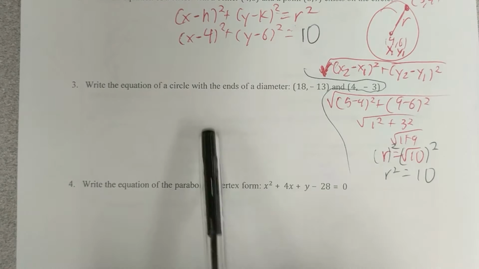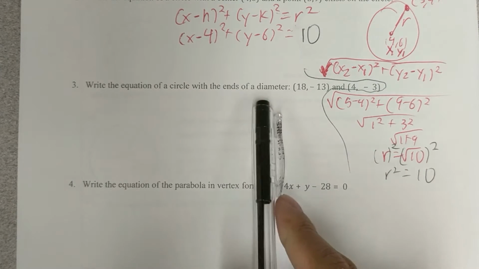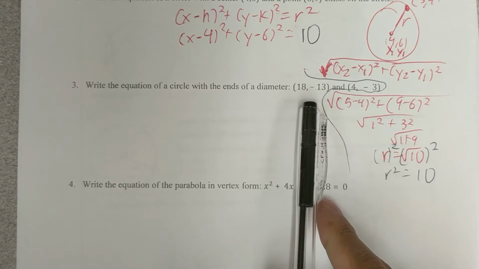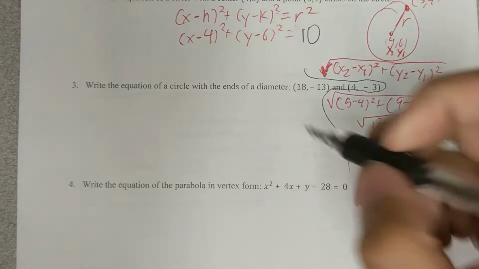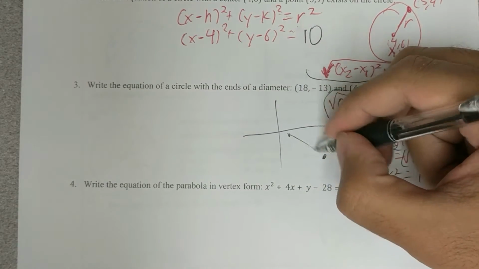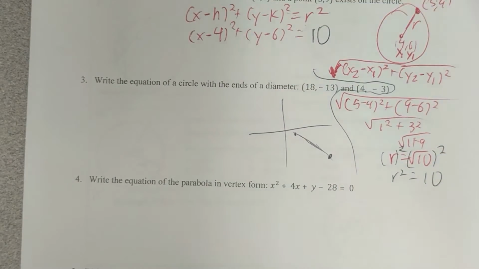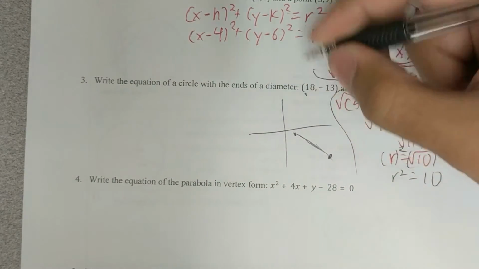Okay, question 3, find equation of the circle with diameter endpoints 18, negative 13, and 4, negative 3. So first I'm going to need the center, so I'm going to use the midpoint formula for that.